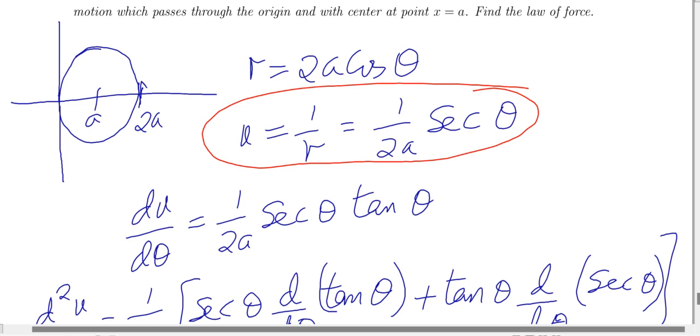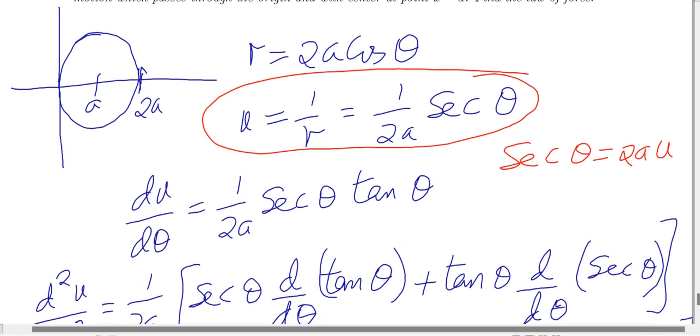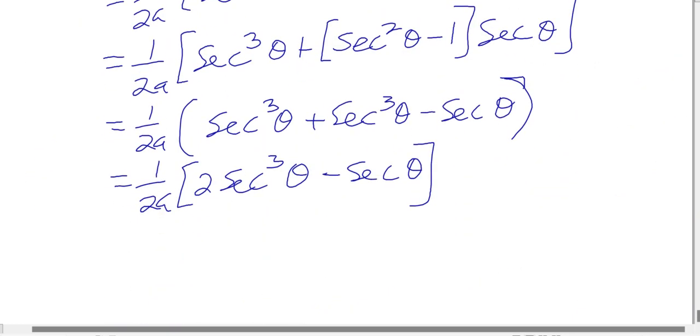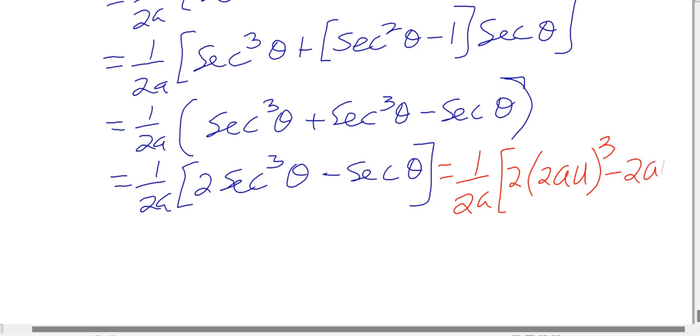If we make secant of theta the subject, we can write sec theta is equal to 2a times u, if we multiply both sides by a. So we want to replace secant of theta with 2a times u down here. So we get 1 over 2a. Then we have 2 times (2au) cubed minus 2au.